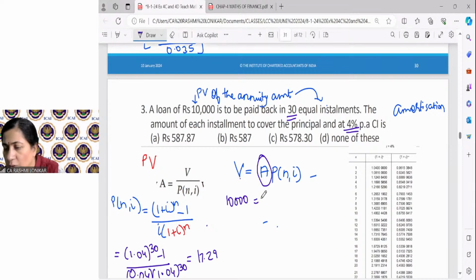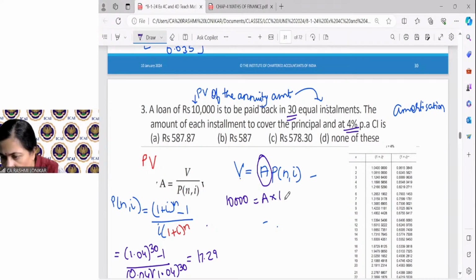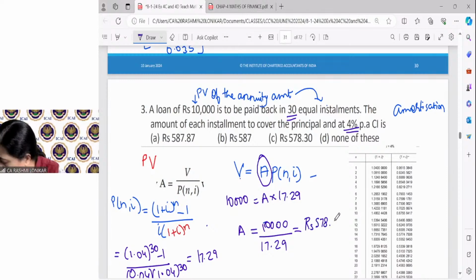So this is A into 17.29. So I have A equal to 10,000 upon 17.29, which is giving me rupees 578.30. So C will be the correct answer.